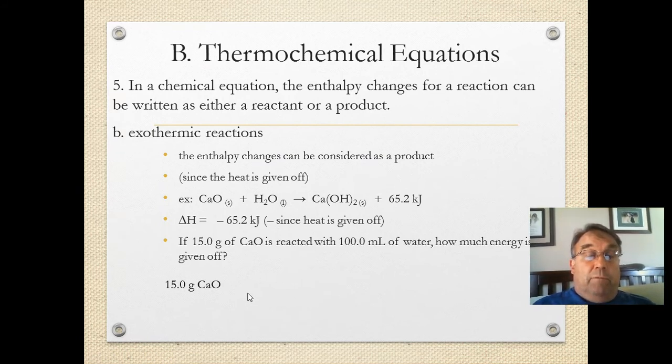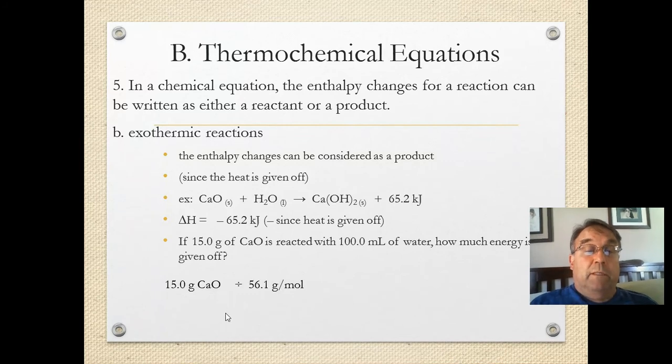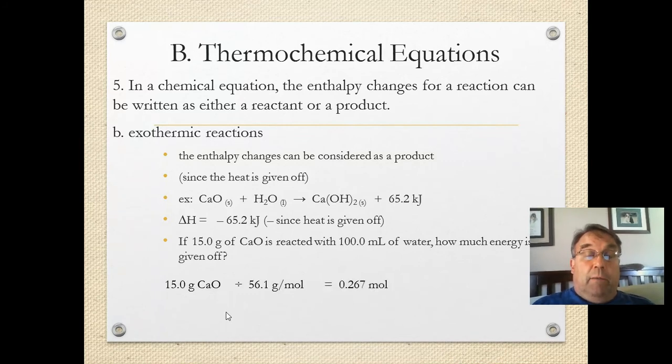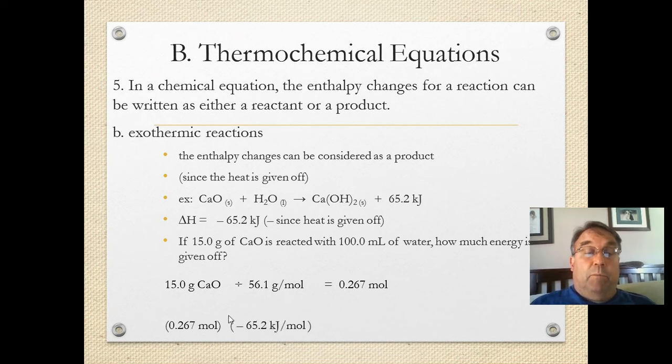So we have to convert 15 grams into moles. We divide it by the formula mass, and we get 0.267 moles. And then we multiply it by the amount of energy per mole. So we get 17.4 kilojoules of energy released.